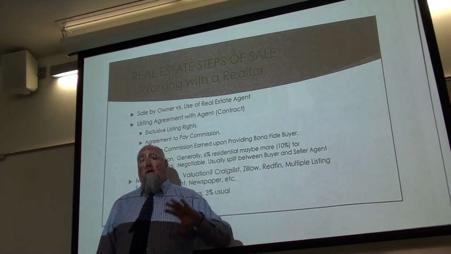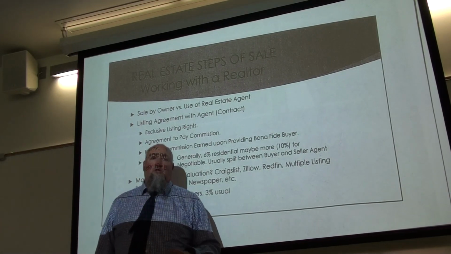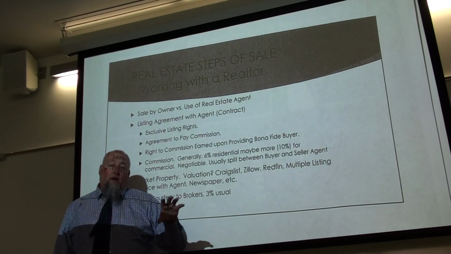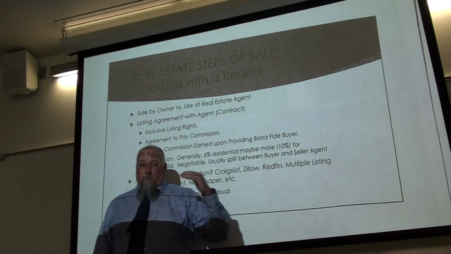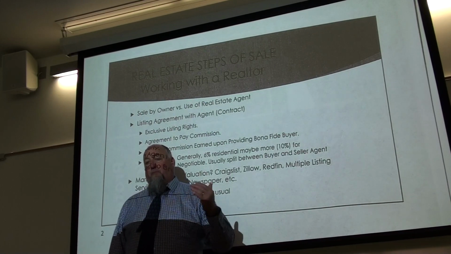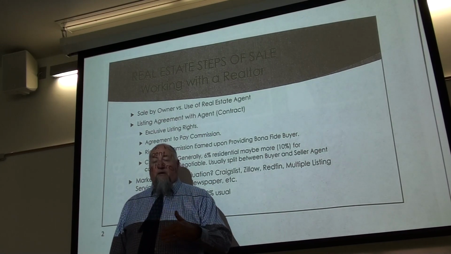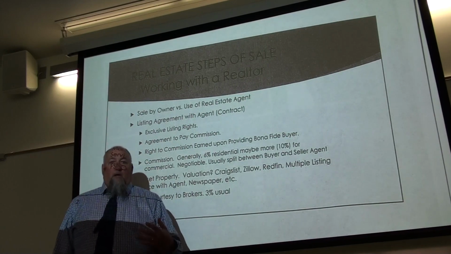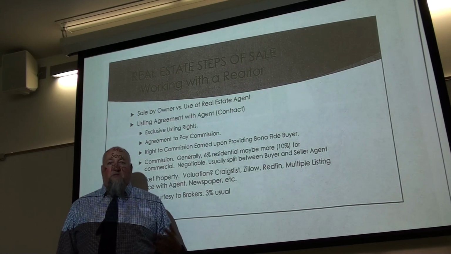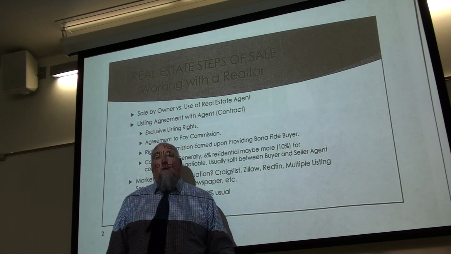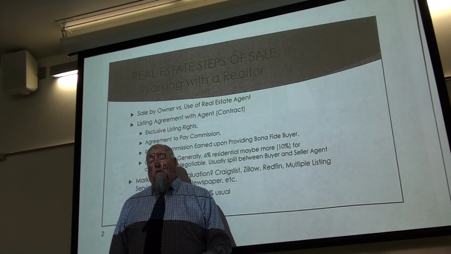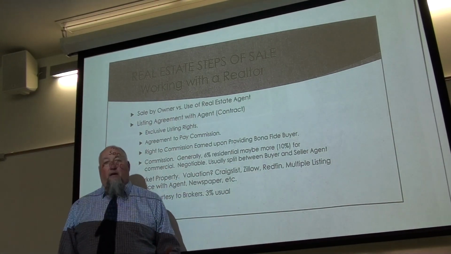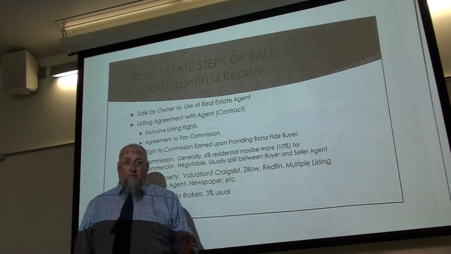So basically you sign a contract with the real estate agent, and in the contract you would have a separate paragraph that basically says the real estate agent and the seller agree that if the property is marketed by the seller directly to the following people, and you put a list of those people, then the agent will not receive a commission because they didn't arrange for the sale. Now typically that will also require, however, that you would reimburse the agent for any out-of-pocket costs that they have because they're not getting a commission anymore.